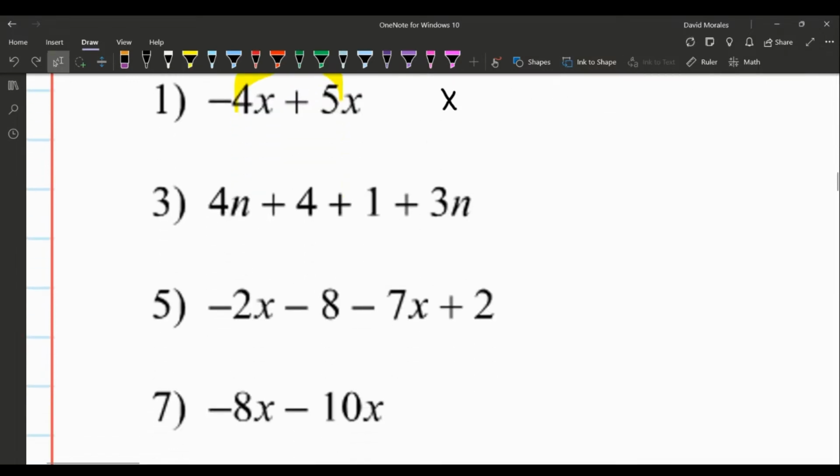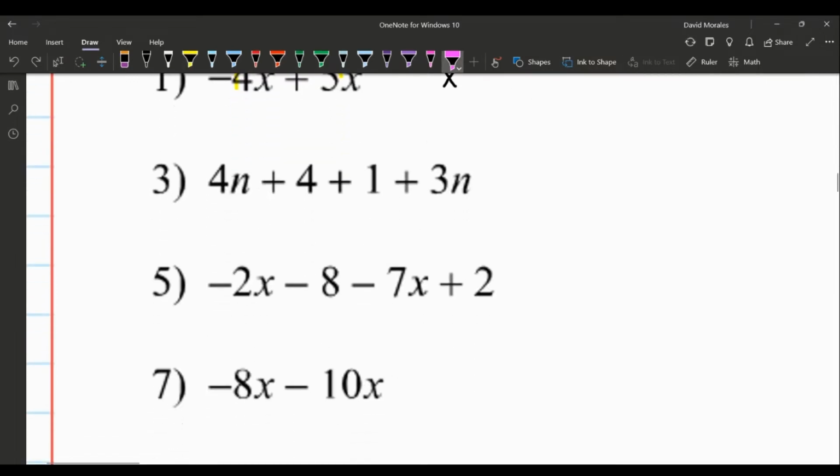I have here two different like terms. So I got n's, and then I have my numbers, my constants. The reason why they're called constants is because those numbers never change. Once you attach a number next to a letter, for example, 3 right here, this 3 is attached to a letter.